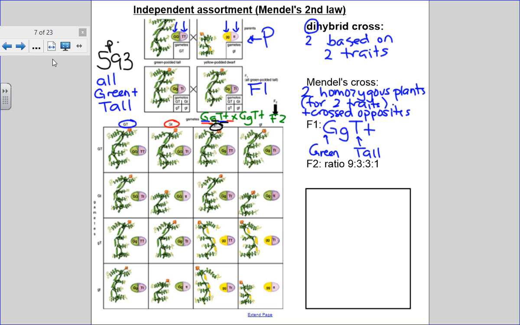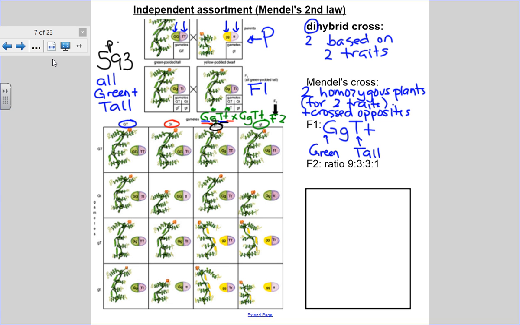And then finally, we could have had an organism that made a gamete that had the recessive gene for both characteristics. So because now we have two genes, and each gene has two alleles, 2 to the power of 2 means I have 4 possible gametes that I could make.